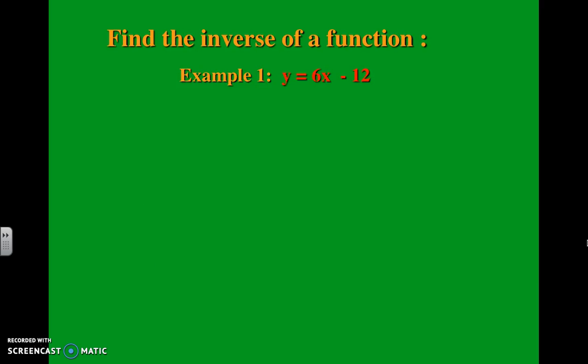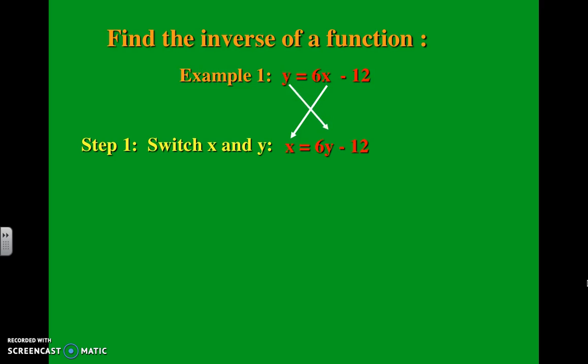Okay, so at this point, now we're going to step into the other thing we need to be able to do with functions. If you're given an original function, you want to be able to solve for the inverse. That's a critical skill. So if you're given an original function, first thing you want to do, you switch the variables. Literally, you're going to take x and y and switch their physical locations.